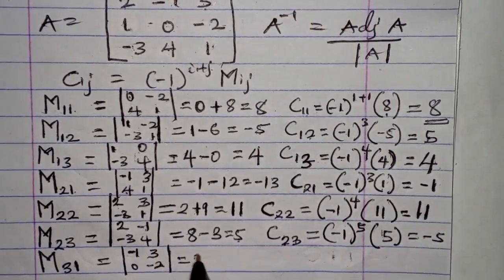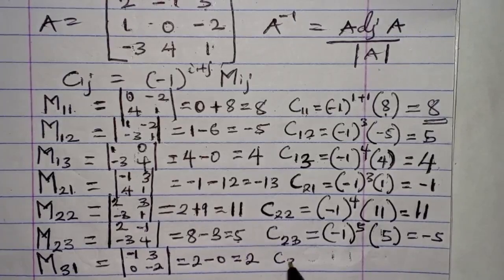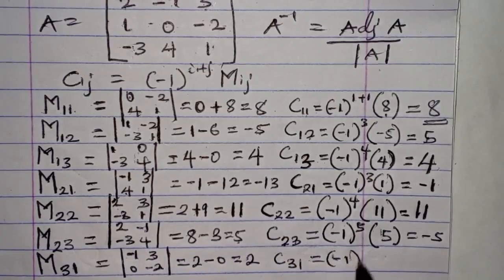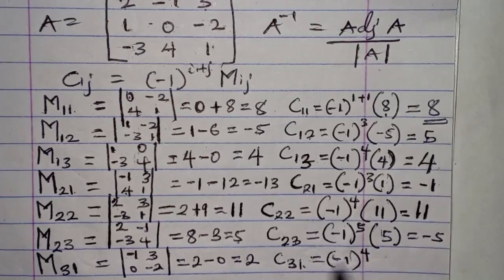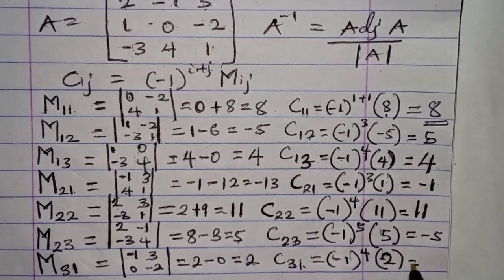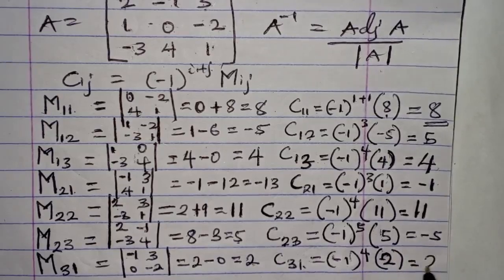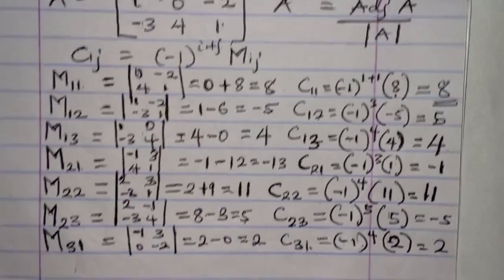Minus 1 times minus 2 is 2, 0 times 3 is 0, and that will give us 2. So the corresponding cofactor, C31, is negative 1 to the fourth, because 3 plus 1 is 4, times 2. And that will give us 2, because minus 1 to the power of 4 is positive 1.